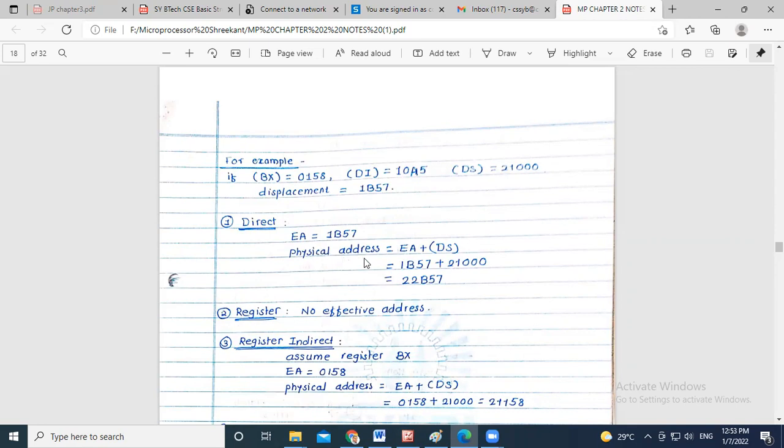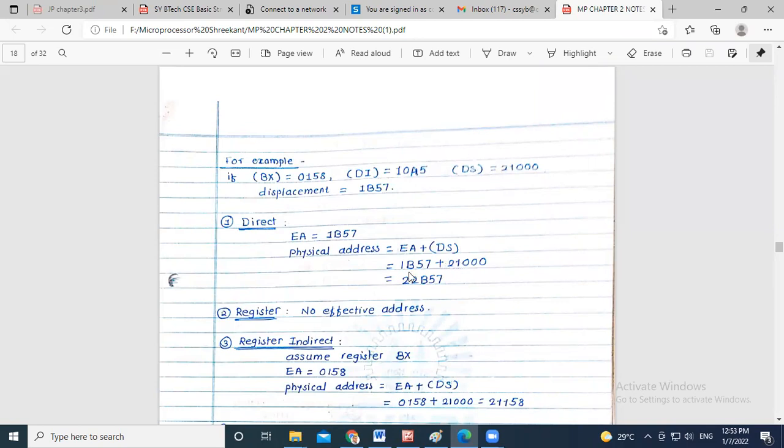And the physical address is the effective address plus the data segment. This is the formula you have to note down: physical address is equal to effective address plus DS. Here the effective address is given, that is the displacement 1B57, and the DS value is also given, 21,000.